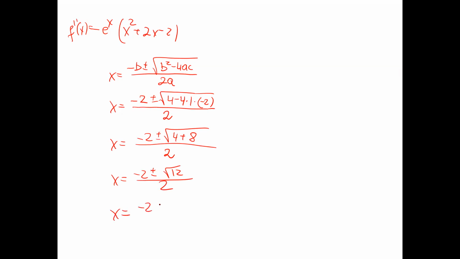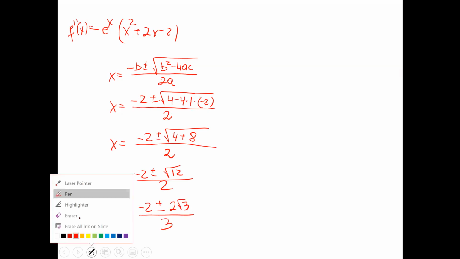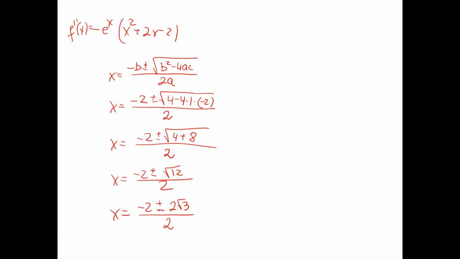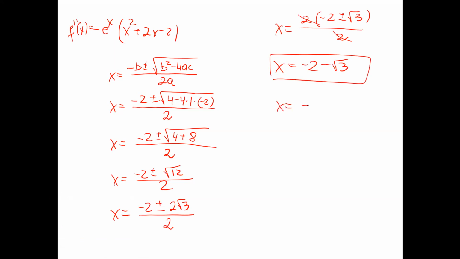Okay, that means the numbers are, square root of 12 is square root of 4 times 3. Oh, no, this is still 2, and we can factor out 2. I know, you probably think I am crazy, but I just wanted to find these numbers. Okay, it means one number is negative 2 minus square root of 3, and the other one is negative 2 plus square root of 3.